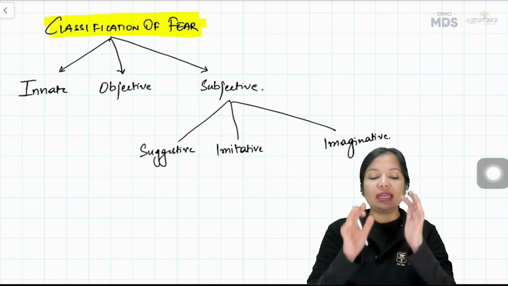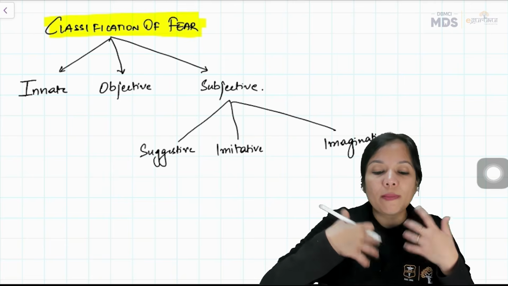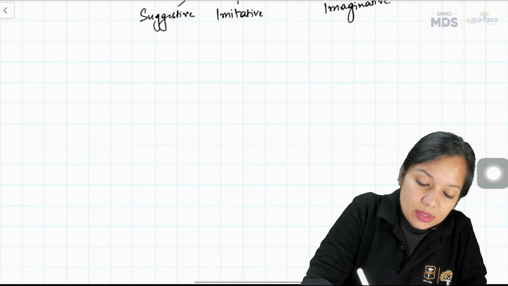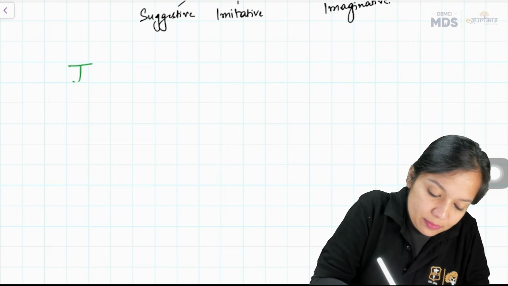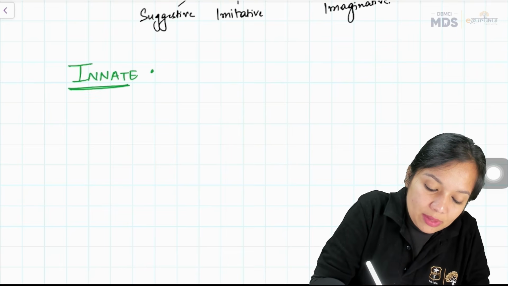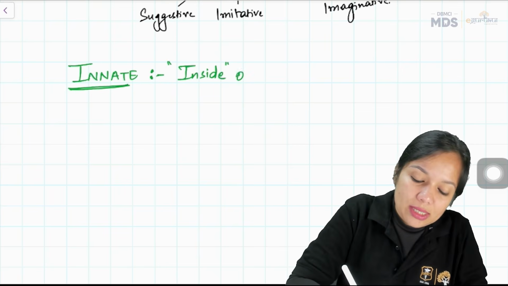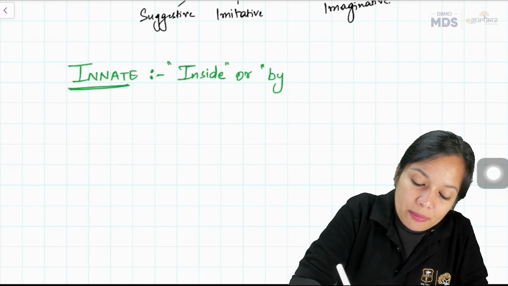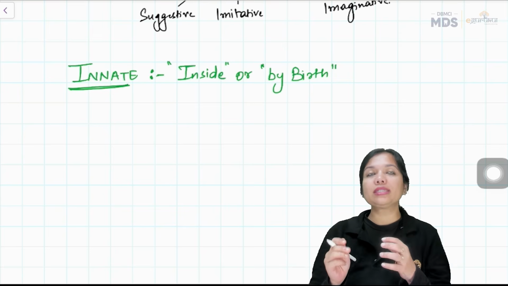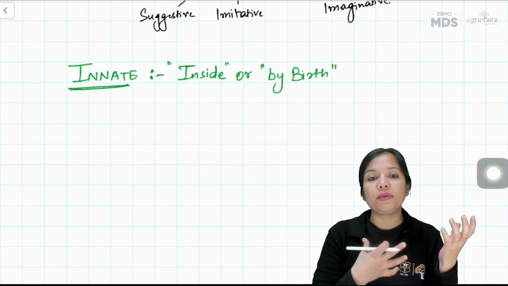So, when I say innate fear, innate means something that comes from within. You can remember innate as something coming from inside. That means something that is present by birth. So for this type of fear you do not need a previous experience.